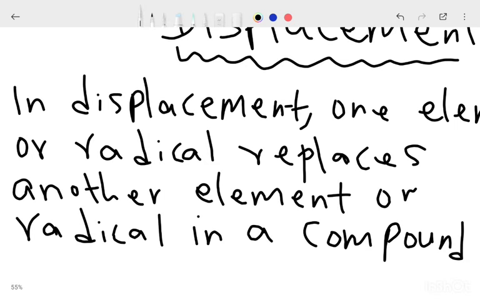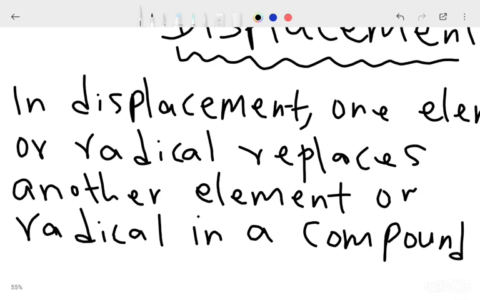So with this explanation you understand that before displacement will take place, the element that wants to replace the previous element must be stronger than that one.